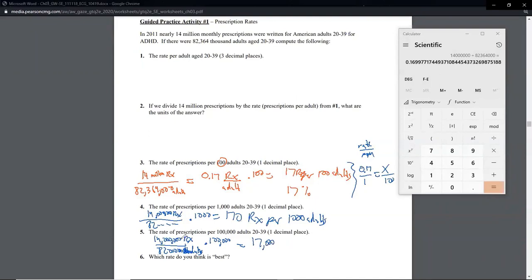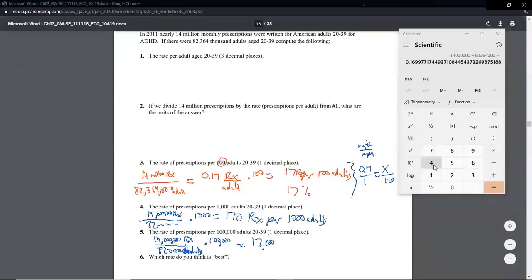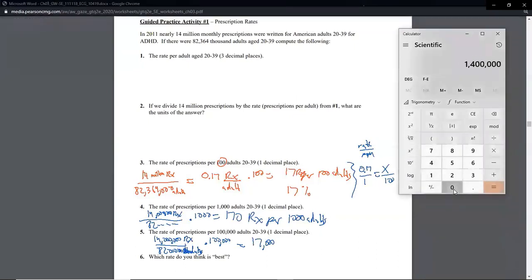But the thing is, when you scale to 1 decimal place, when you actually have this division, if you show it, you come off of annotate, 14 million divided by the 82,364,000, and then times the 100,000. There we go. The answer here, because you're multiplying by such a large number, all the decimals that were at the end of that 0.1699 blah, blah, blah number originally now are significant.